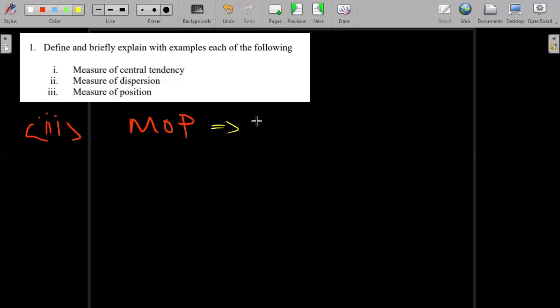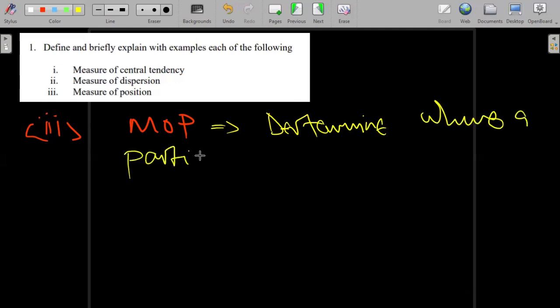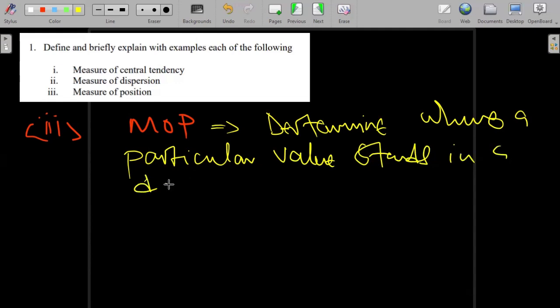So a measure of position determines where a particular value stands in the data set. That's what these measures of position do.